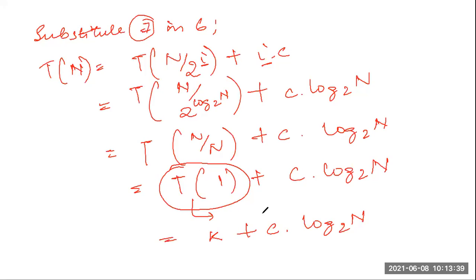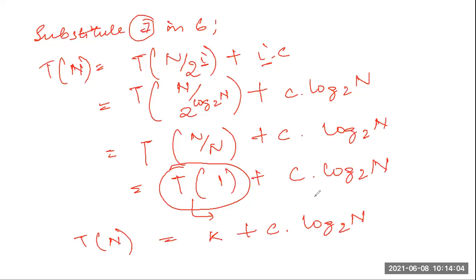Now you tell me, we have always learned that we always represent time complexities in the dominant term which will affect the growth of the algorithm, that is, which involves n. Which is the term which involves n? Log base 2n.